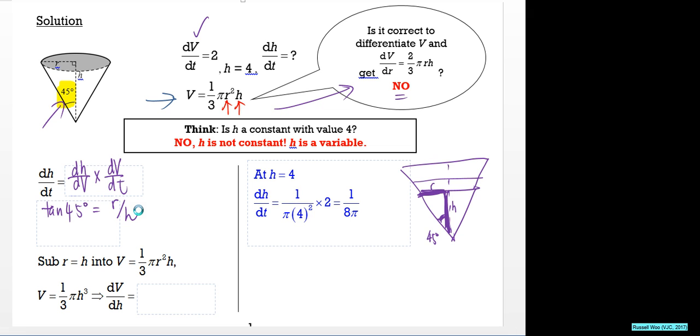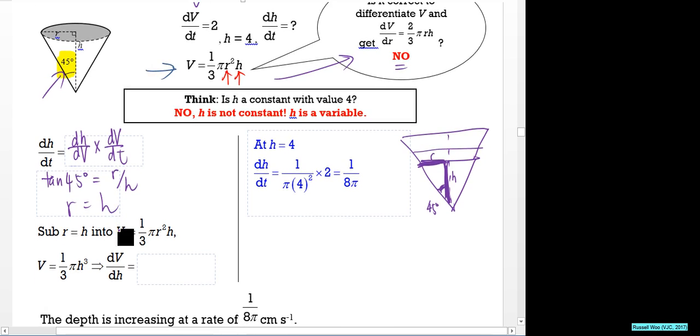So what is tangent 45? Quickly, don't need to use a calculator. 1, very good. So at any point, no matter where the water level is, the radius and the height must be the same. Therefore, if I substitute R equals H into this, I get this.